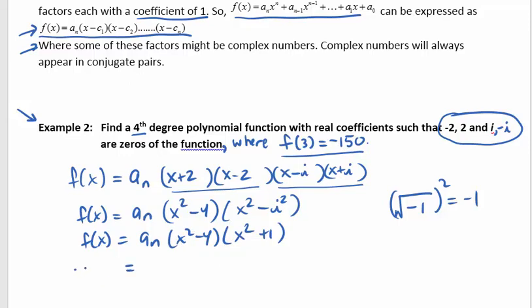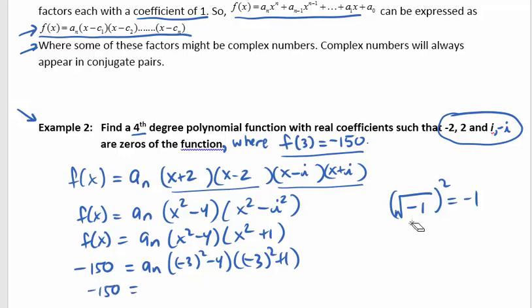So negative 150 equals a sub n, and that's when I plug a negative 3 in here and a negative 3 in there. If I square negative 3, that's going to be positive 9.